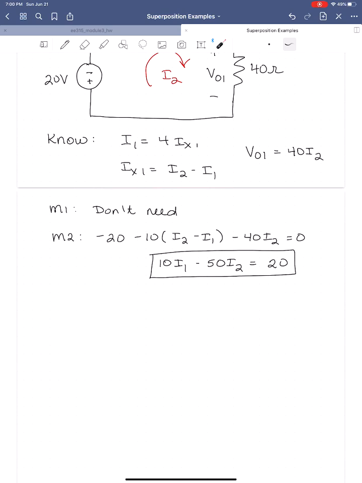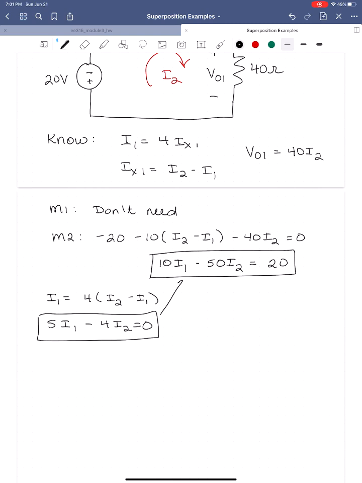Our second equation is going to come from the things that we know here. If we take that I1 is equal to 4 times Ix1, we can also write that I1 is equal to 4 times (I2 minus I1). When all is said and done and we simplify this equation, we'll have 5 I1 minus 4 I2 is equal to 0.